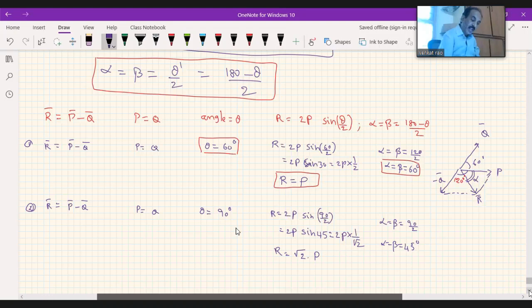Now I will draw the diagram. This is P, this is Q, this is minus Q.